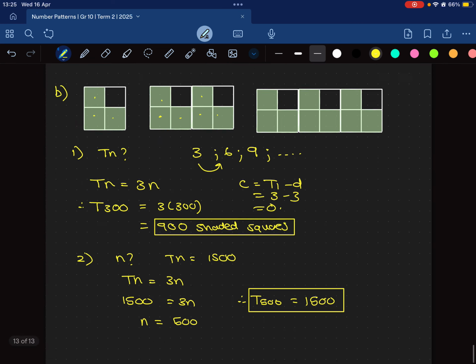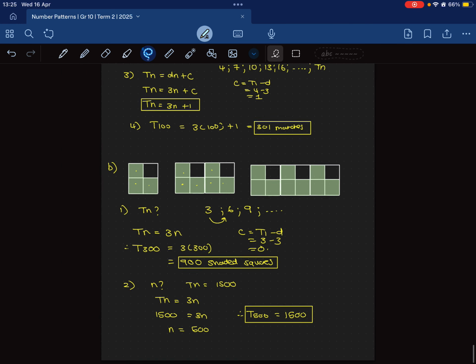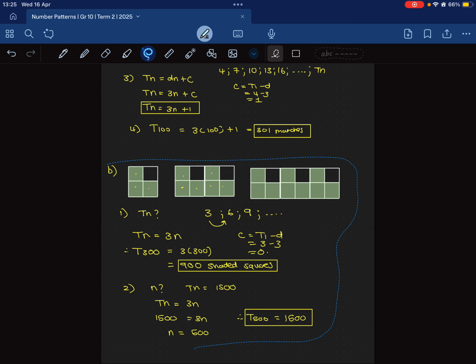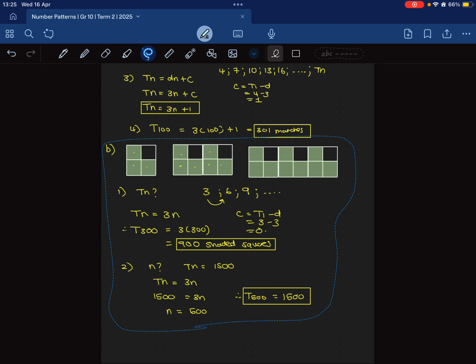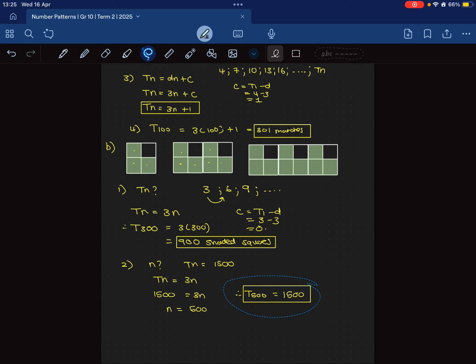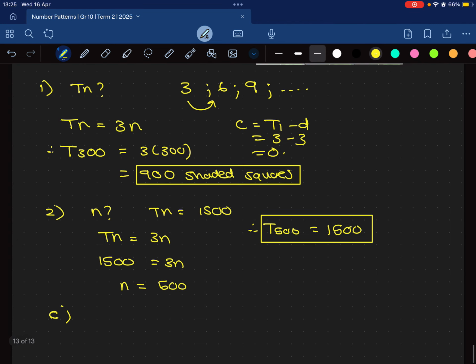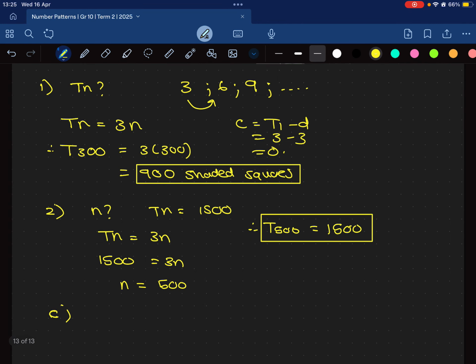Then for C, let me move this up because I don't want to go to a new page. For number C, it asks you to determine the nth term of the following nonlinear sequences.